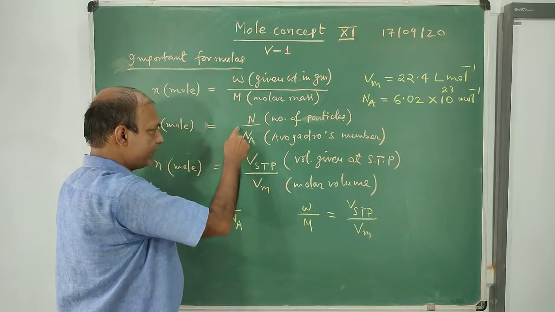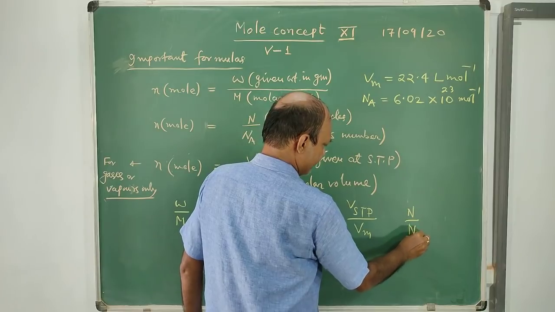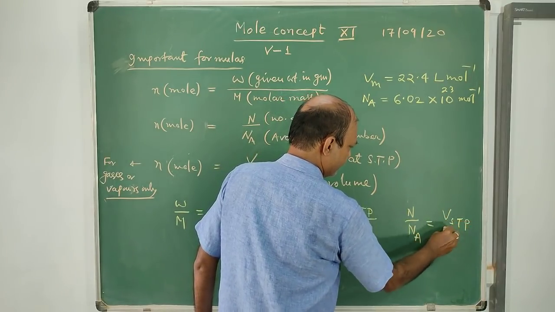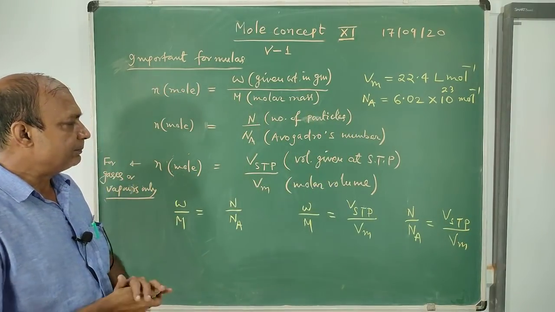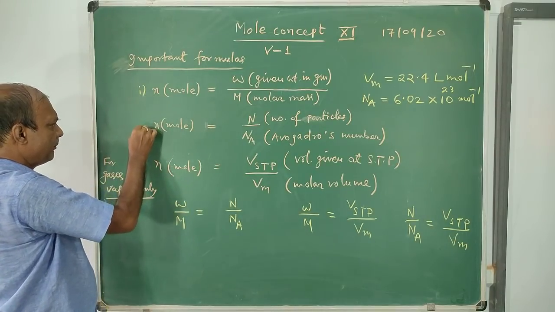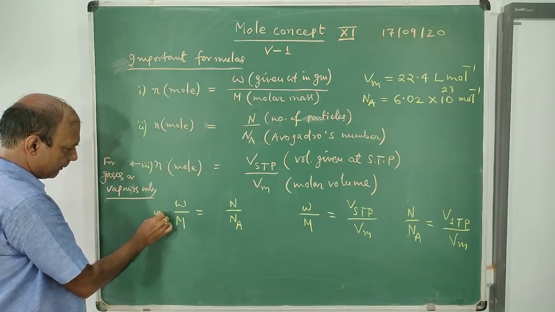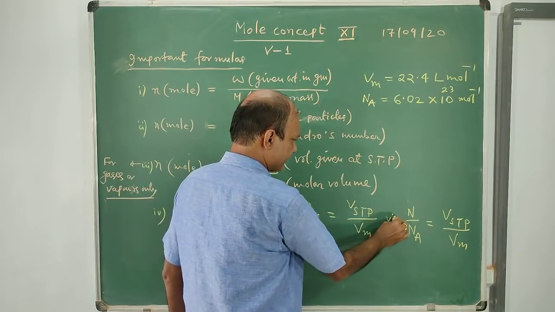And formula number 6: n by Na is equal to VSTP by Vm. So altogether you have 6 formulas, number 1, 2, 3, 4, 5, 6.